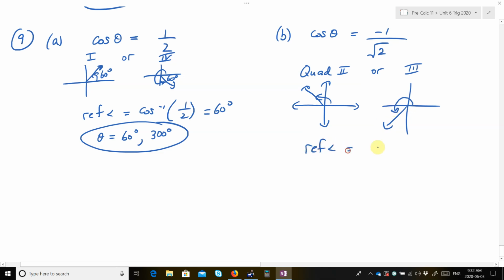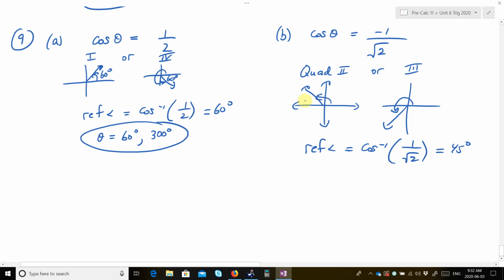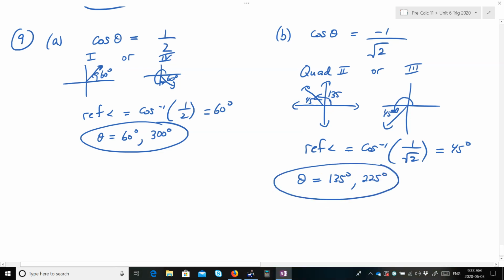So we need to get the reference angle, and you do that by going cos inverse of just the positive ratio there, because that pushes everything into the first quadrant, which gives you the reference angle. So we would go shift cos of 1 over root 2, and we get 45 degrees. So the reference angle is 45 degrees. So that's 45 and that's 45. So the rotation angles are, from here, we'd have to go 180 minus 45, so 135 degrees for that angle. And for this whole big angle in quadrant 3, we have to go 180 plus 45, which is 225 degrees.